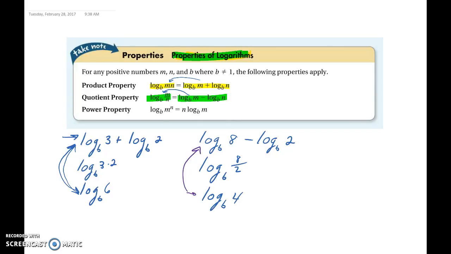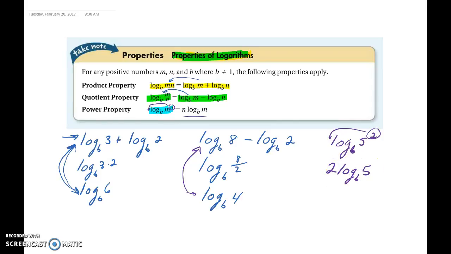And then the last one is if you have a logarithm that is raised to a power, then the property is you take that power and it moves out front and gets multiplied to our logarithm. So if we have log base b of 5 squared, we can take this 2 and bring it out front, and it becomes 2 log base b of 5.